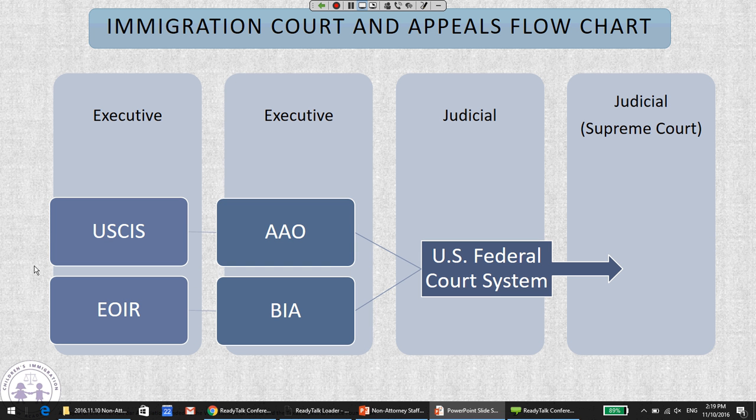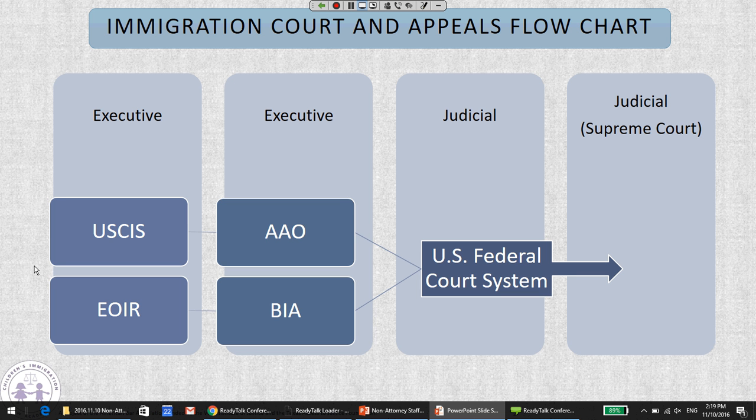So I mentioned appeals a second ago, and how does this all play out? These agency decisions, the agencies like USCIS and EOIR, are subject to an administrative appeals process, which itself filters up the chain and into the appellate jurisdiction of the federal appeals courts. These are administrative courts under the executive branch of government, so they're not courts under the judicial branch. And that's the AAO and the BIA.